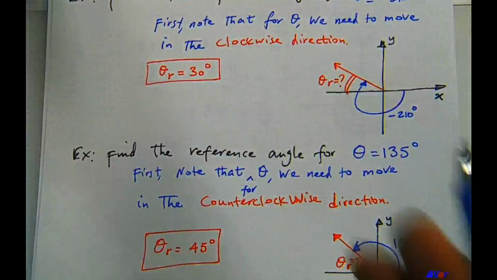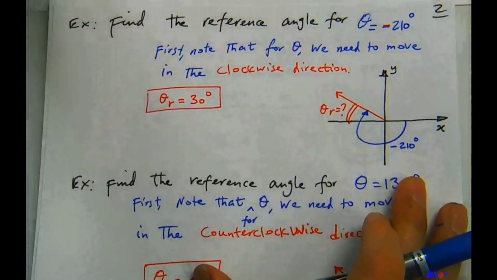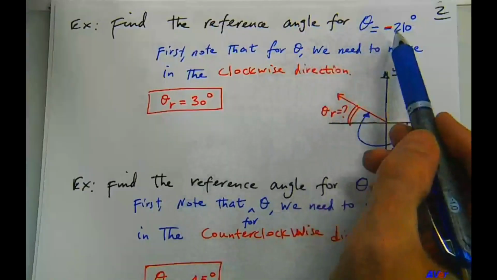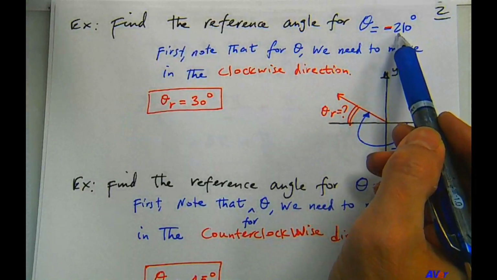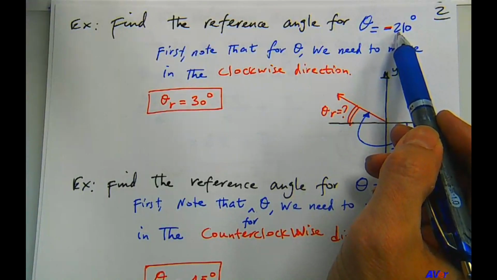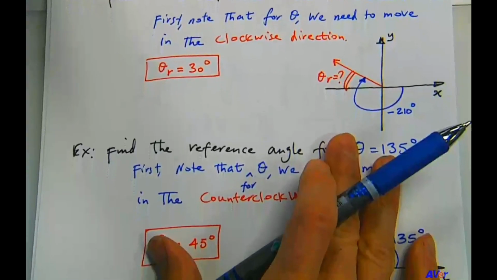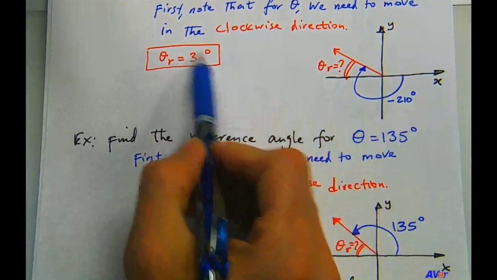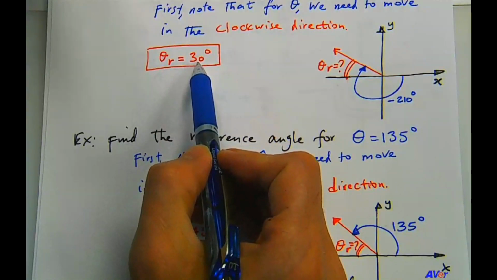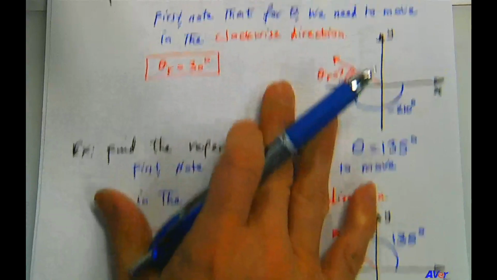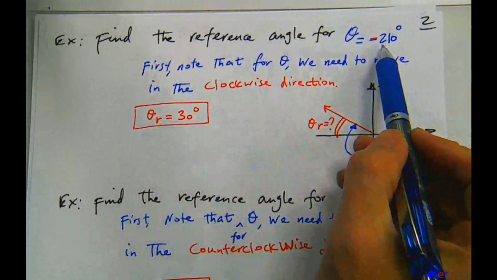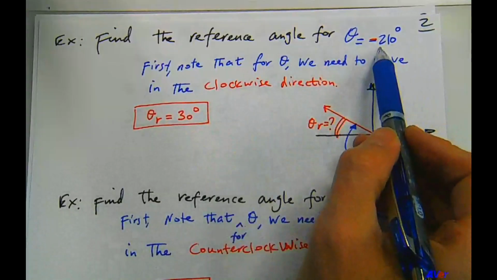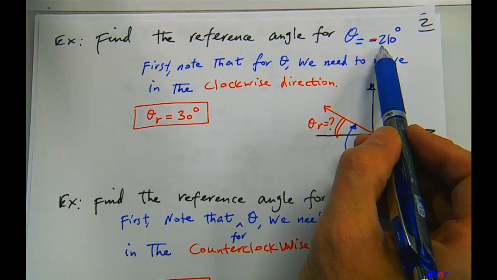So the beauty of finding the reference angle for any awkward angle like this is that we can then find the trigonometric function value of that simpler reference angle, and that's equal to the same thing. Cosine of this would be equal to cosine of minus 210.